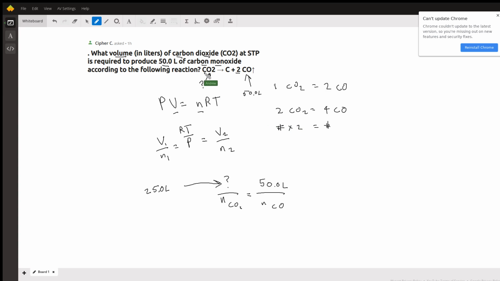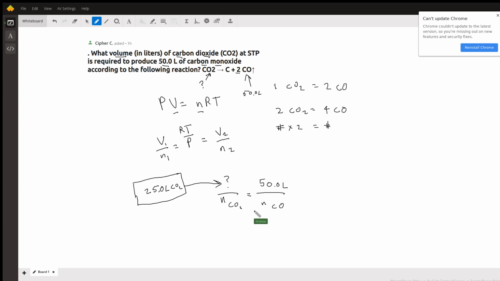Because if 25 liters of this are reacted, it will produce twice that volume. So 25 times 2 is 50, right? So our 25 liters is the volume of the moles of carbon dioxide. I should probably label that, the CO2, like there.